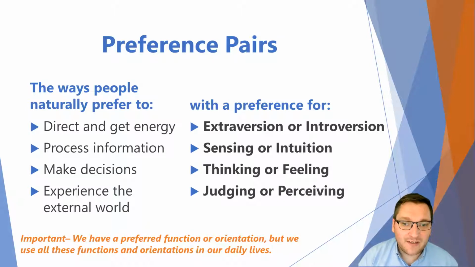Do we do that through sensing or intuition? What way do we make decisions? Through thinking or feeling? In what way do we experience the external world? Through judging or perceiving? It's important to remember that we have a preferred function or orientation, but we use all of these functions or orientations in our daily lives.